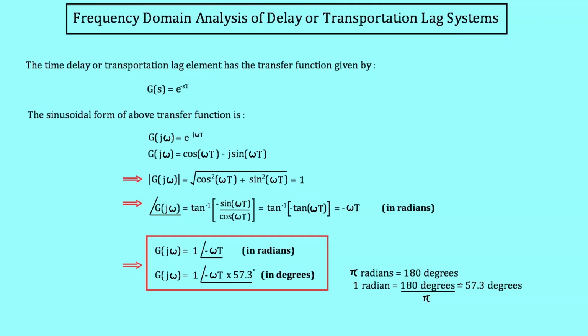If we have to convert omega T to degrees, then we have to multiply it by 57.3 degrees.